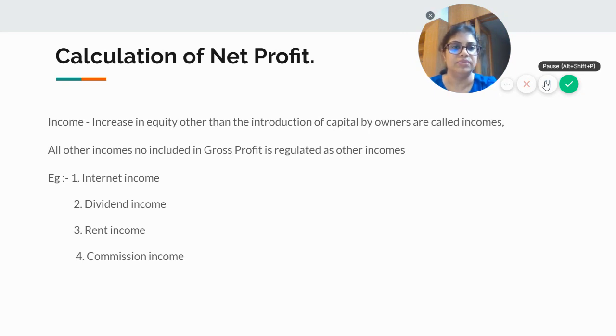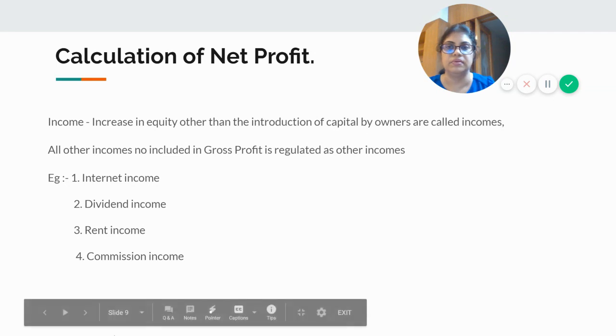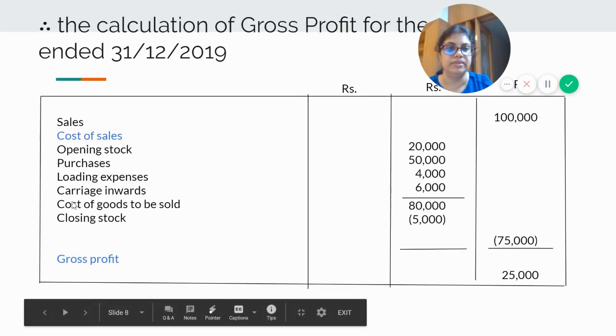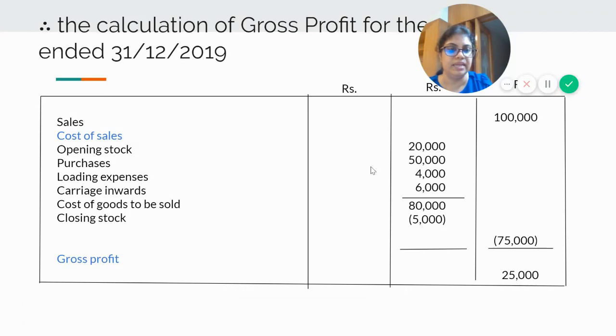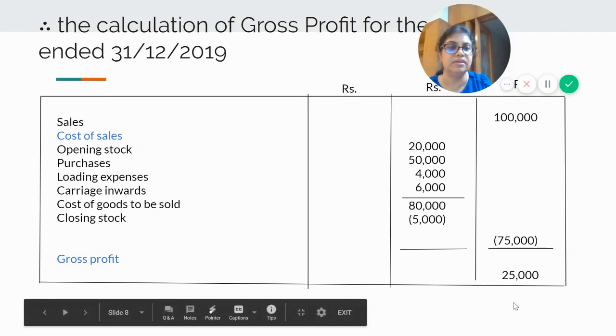This 25,000 of the earlier slide, that's why we are naming this 25,000 as the gross profit. This is not the actual profit. Inside this, there are some other incomes and expenses which you have already incurred.